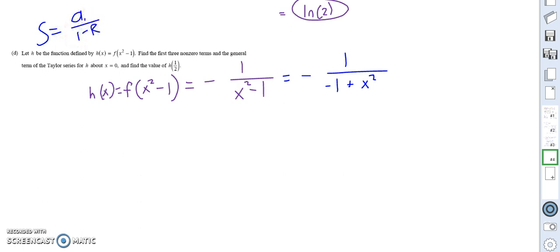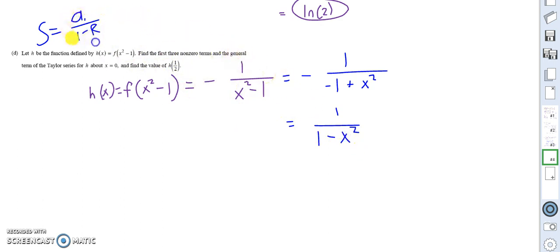So I need a 1, not a negative 1, at the start of the denominator. So I'll multiply everything by negative 1. I'm going to pull out a negative 1. I'm going to make this positive and make it like that. Hopefully I didn't lose you there. I just pulled out a negative, or distributed it, or whatever you want to call it. So now it looks to me like it's in this form: a over 1 minus r, 1 over 1 minus x squared.